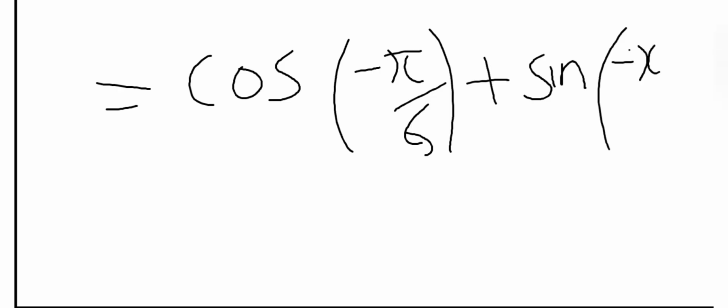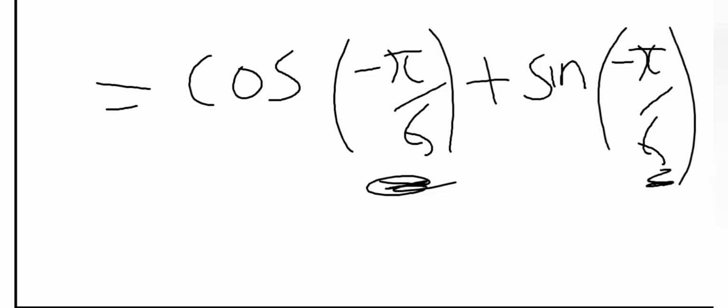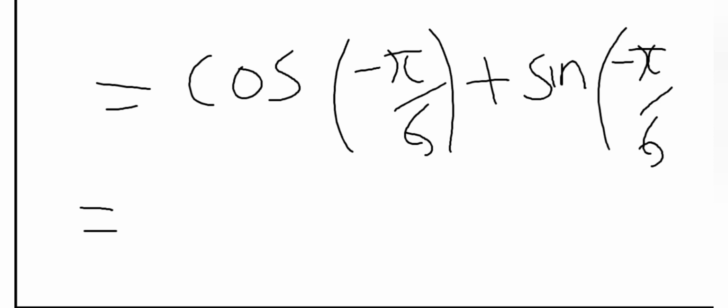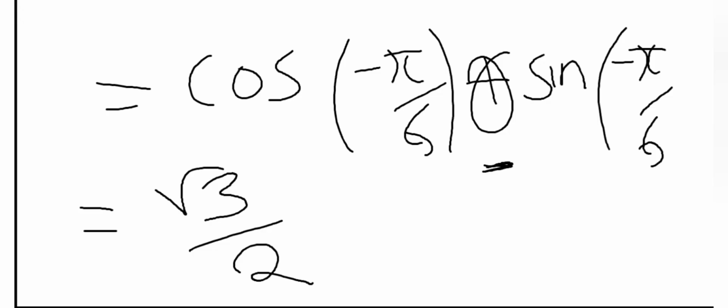We have the angle, in this case it's negative. So when you reach this stage and observe that the angles inside are negative, what should come into your mind? You should just remove the negative, and automatically the sign here becomes a negative. So you remove the negative, and it automatically becomes the square root of 3 over 2 minus 1 over 2i.